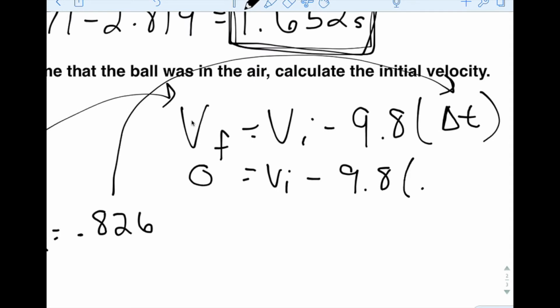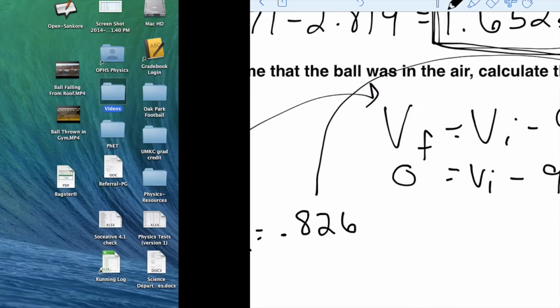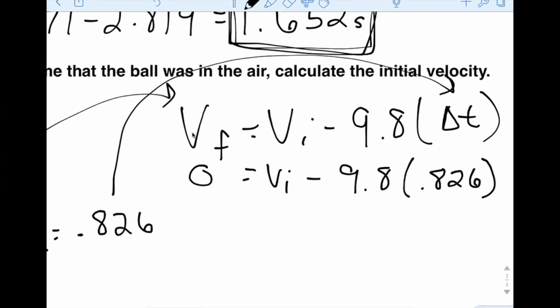So 0.826. All right, so let's go ahead and multiply my 0.826 times 9.8. I've got 8.0948. All right, so that's VI minus 8.0948 equals 0.